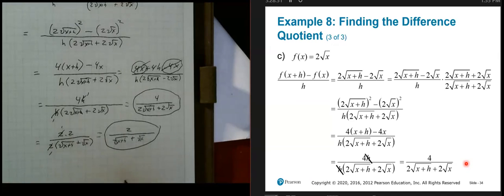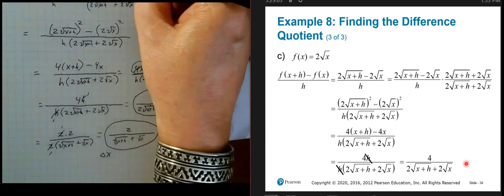We use h, but typically h is actually delta x. It's a change in x. X plus delta x. Well, I didn't discuss this in the other class, but f of x is y. And so f of x plus h is another y that goes with a different x.